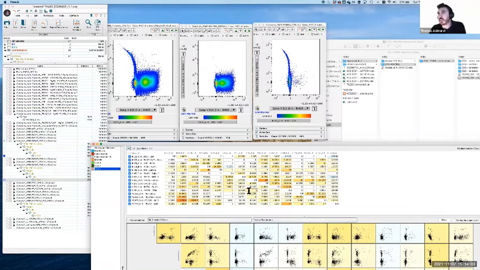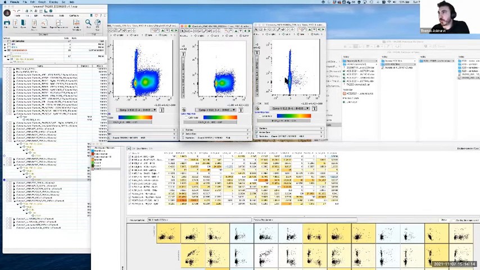This one looks like it's going to be just about 0. Oh, maybe it is 0. Easy. Probably just a little bit above 0. But as you can see, by using both the FMO and the fully stained controls, we actually get a pretty good mapping of how this is supposed to change.